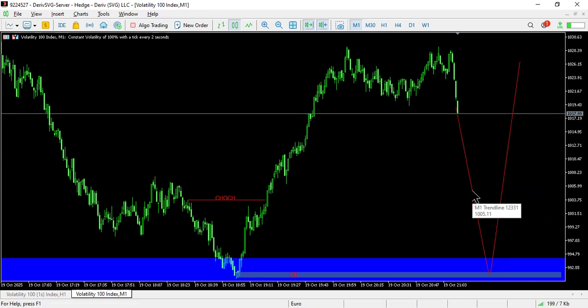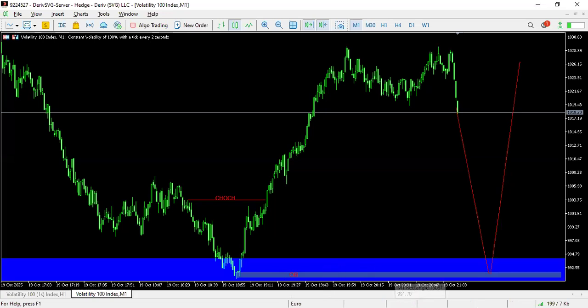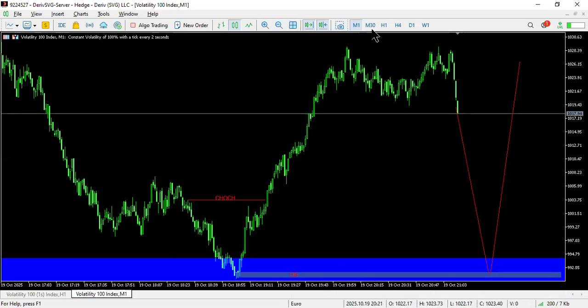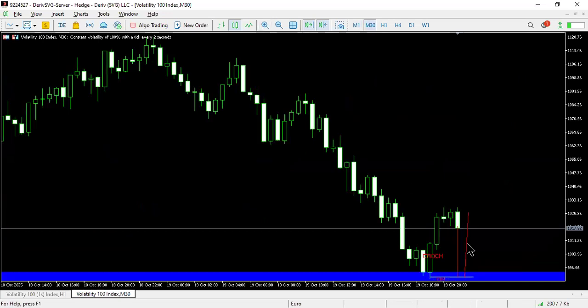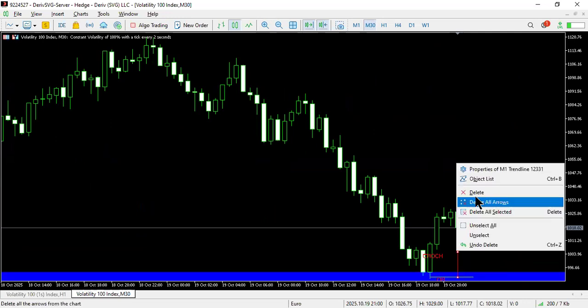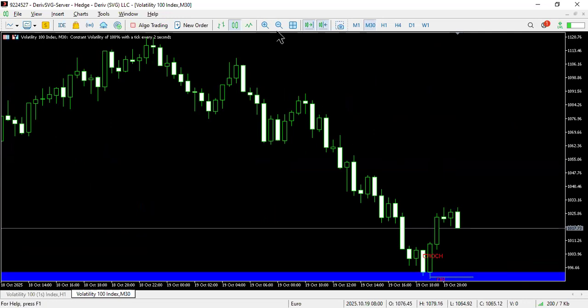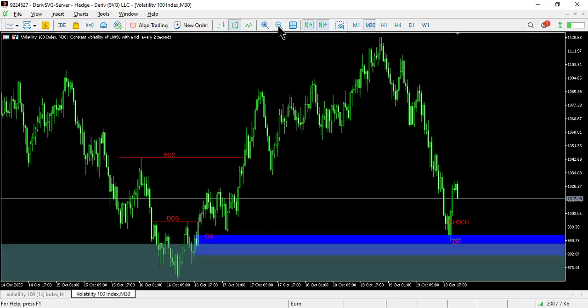Or you can take an aggressive entry and set a buy limit at that order block. You can use confirmation or aggressive entry. But yes, let's wait and see what's going to happen at that order block, and then we'll know our next line of action.